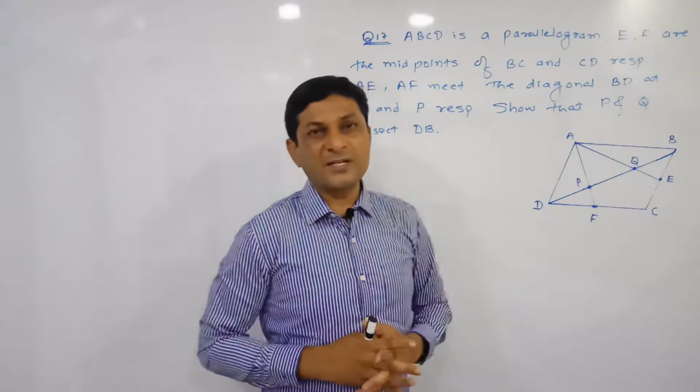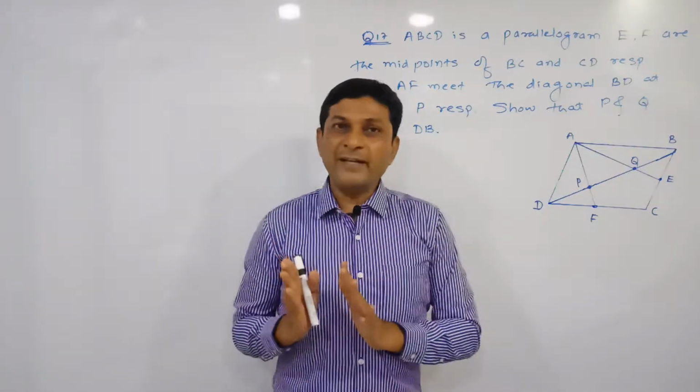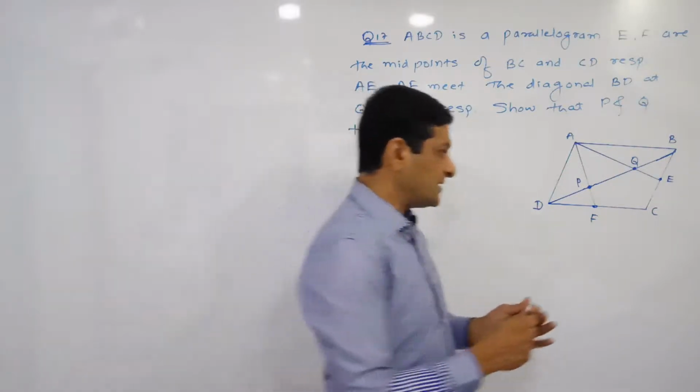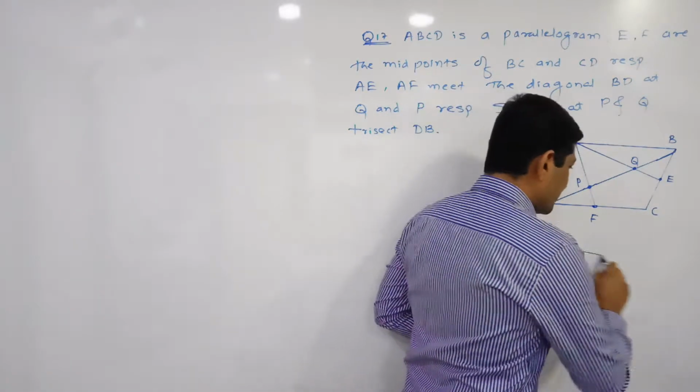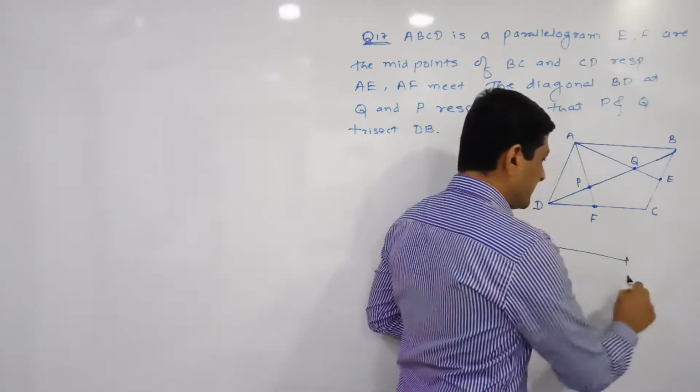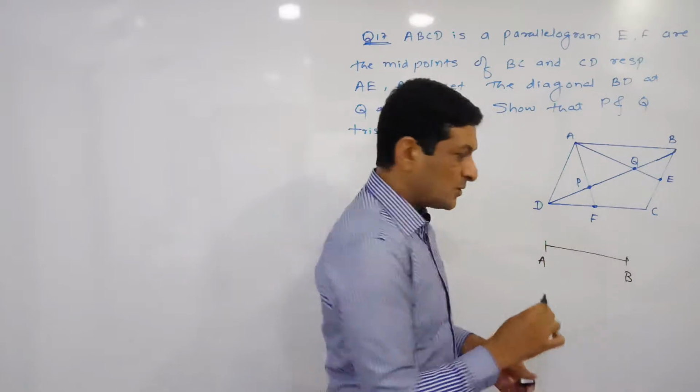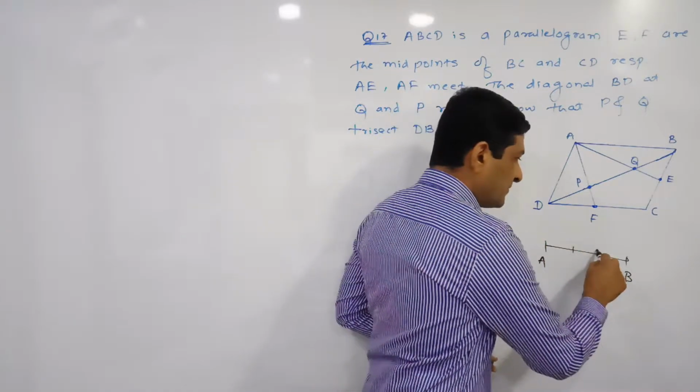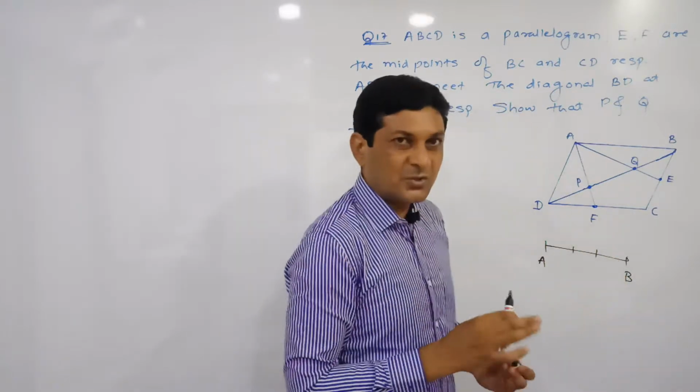Now first try to understand when we can say that points trisect a segment. Let us consider one segment, say segment AB, and two points which divide this segment into 3 equal parts.